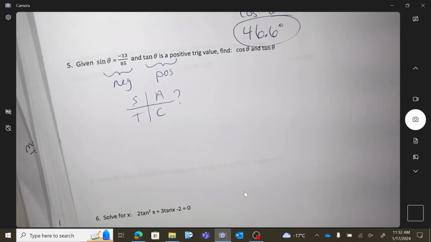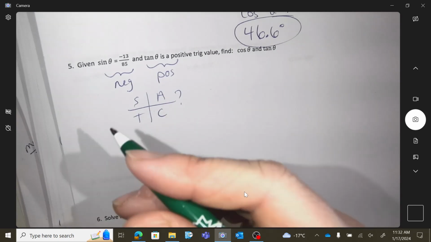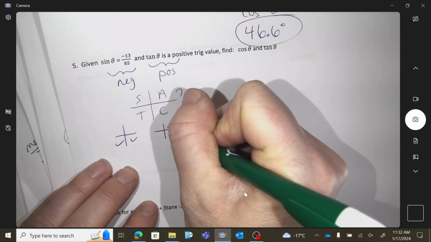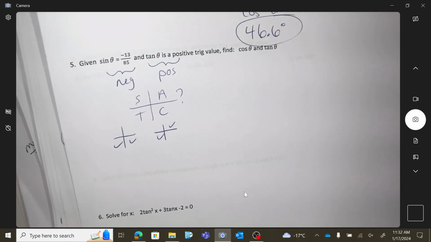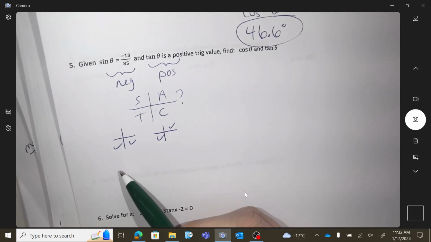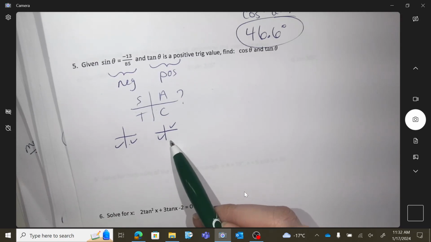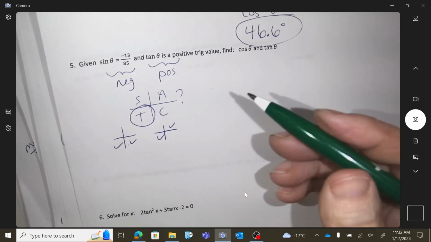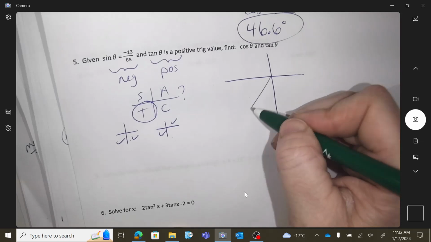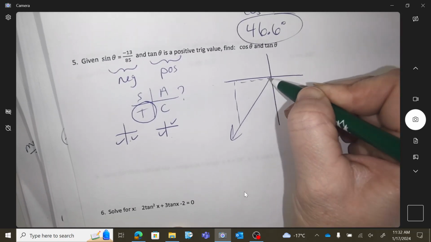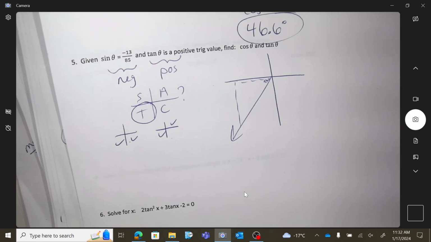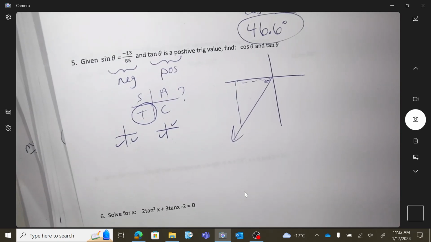If the sine is negative and the tan is positive, sine is negative, tan is positive, so I'm in that quadrant.